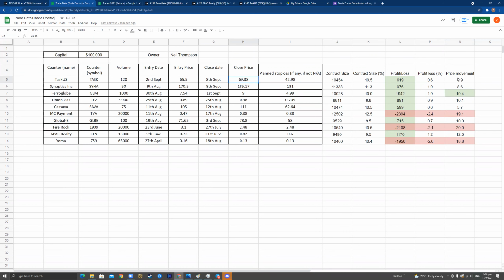So this number gives us some clue about whether this trader is able to hold or not. And from there, we are going to be able to see a few certain bad habits coming into play.